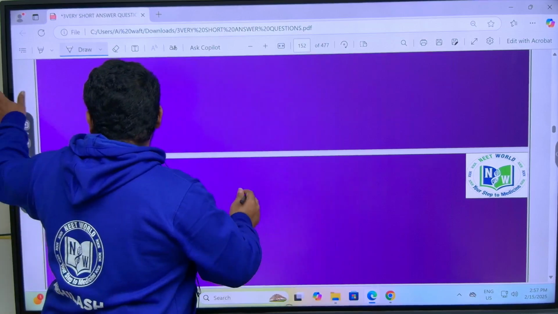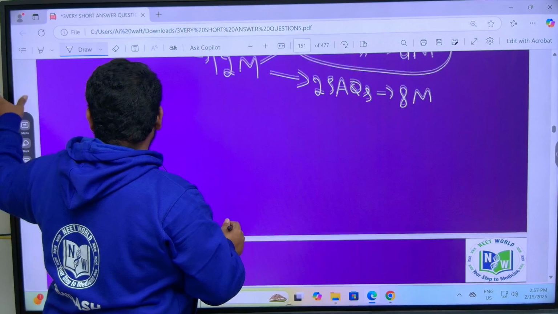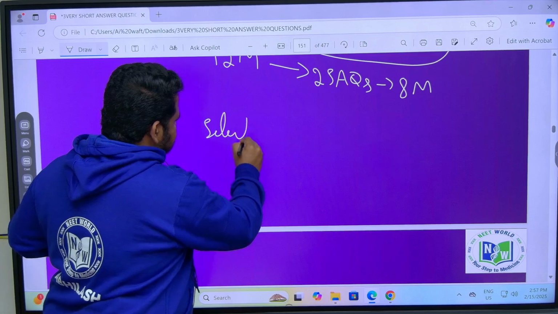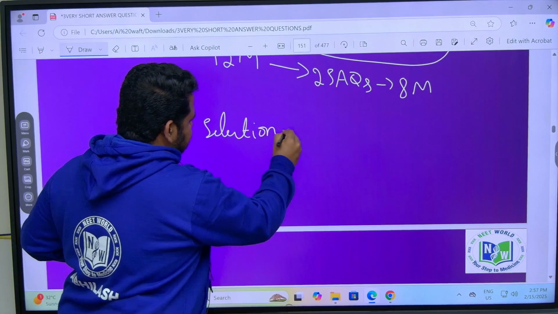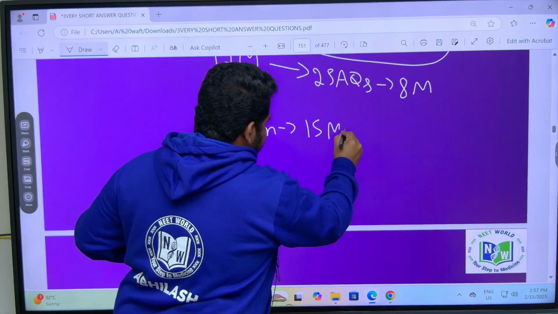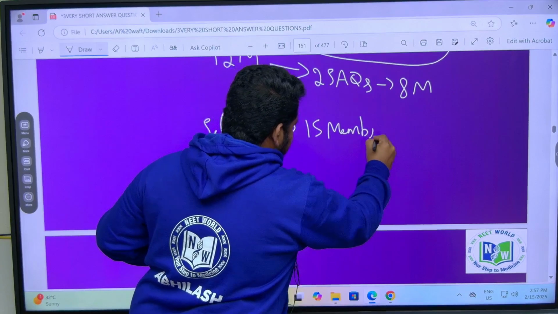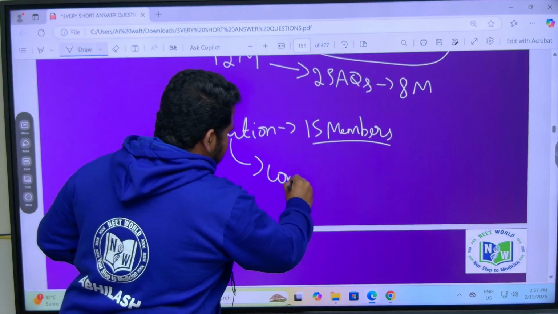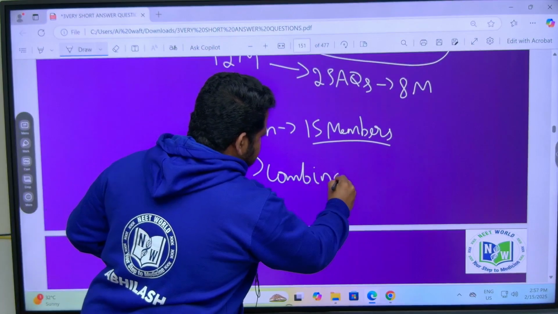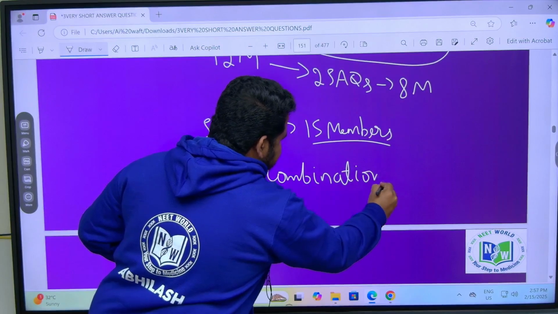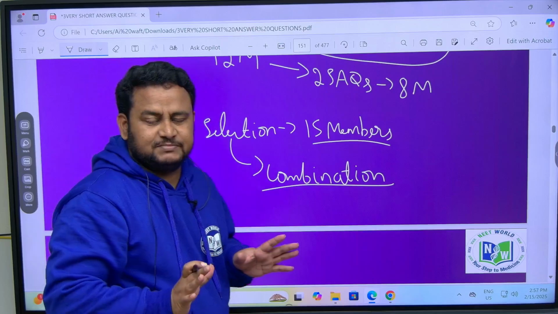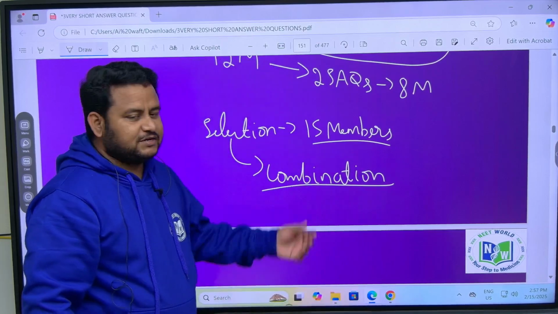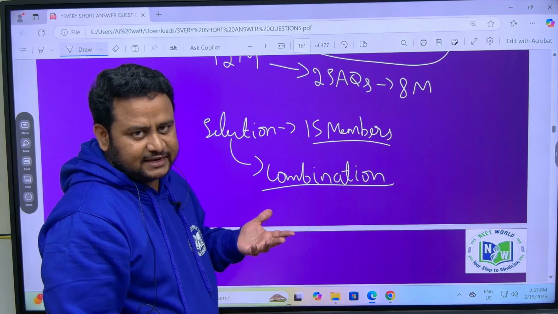The selection of 15 members itself is called combination. Got it, friends? So basically combination means selection.